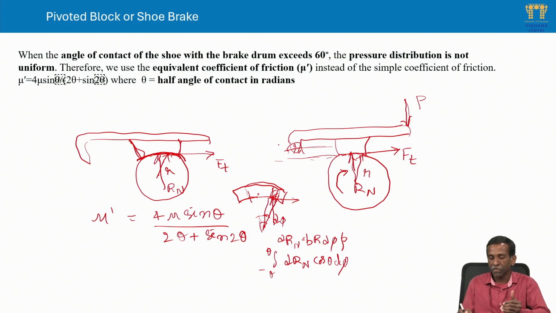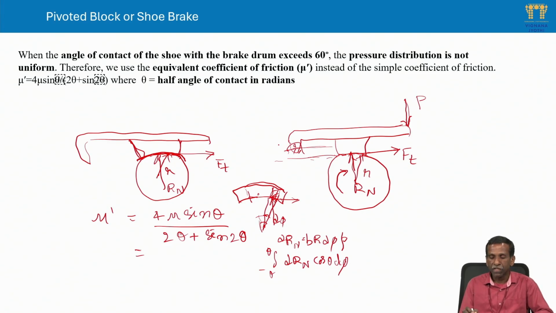Then if you write the ratio of frictional force to normal force, you will arrive at this relation: mu dash is 4 mu sin theta by 2 theta plus sin 2 theta. This is how we derive the effective coefficient of friction mu dash in the case of a pivoted block brake.